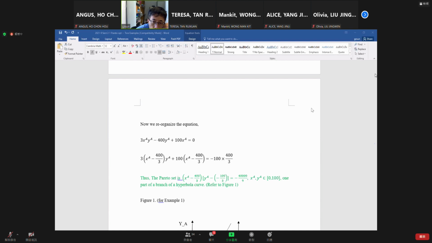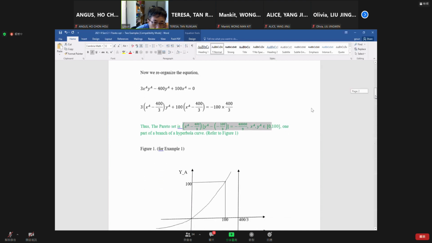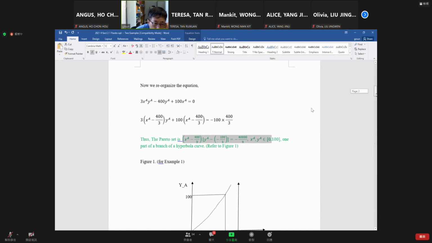Okay, and the whole curve, we can move along it. Each point along this curve is one exchange optimal solution.